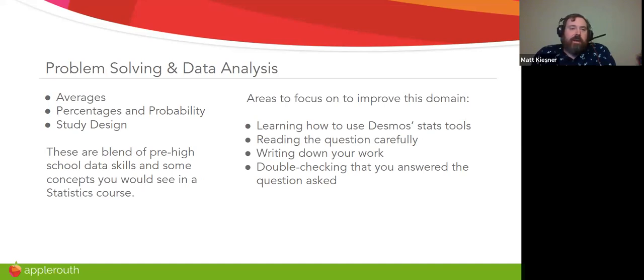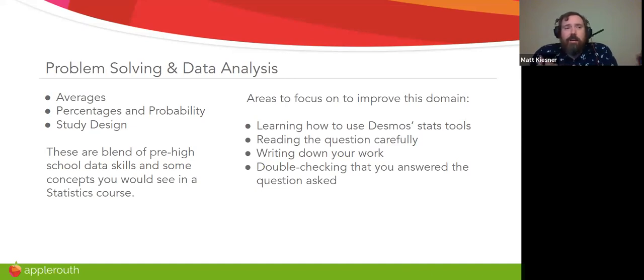A lot of them are pre-high school data things: mean, median, mode, adjusting percentages, very basic probability, nothing too advanced. And a lot of the study design can be conquered with just some scientific common sense and a little bit of skepticism. So how to improve this?